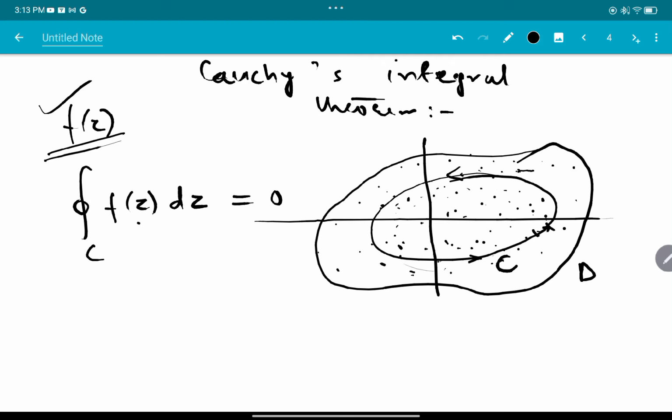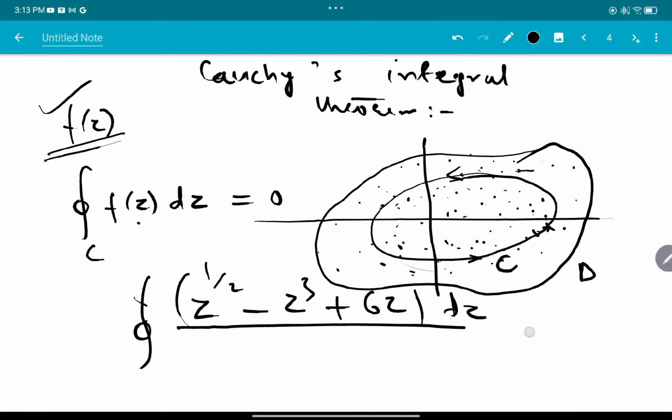Suppose, for example, there is something as frightening as z raised to 1/2 minus z cube plus 6z, into dz, divided by something like z cube plus z square plus z plus 5, of course, dz.